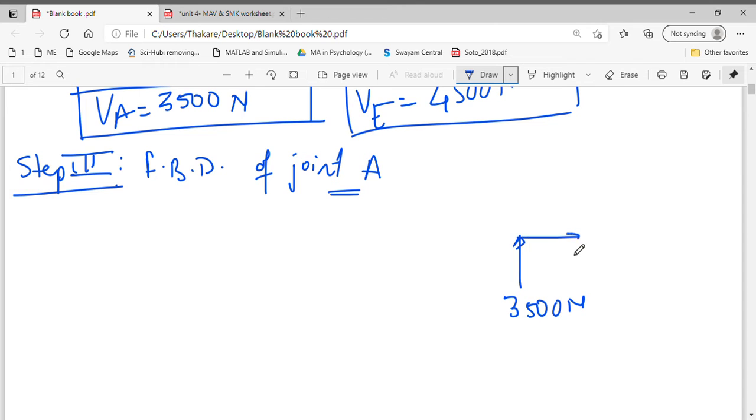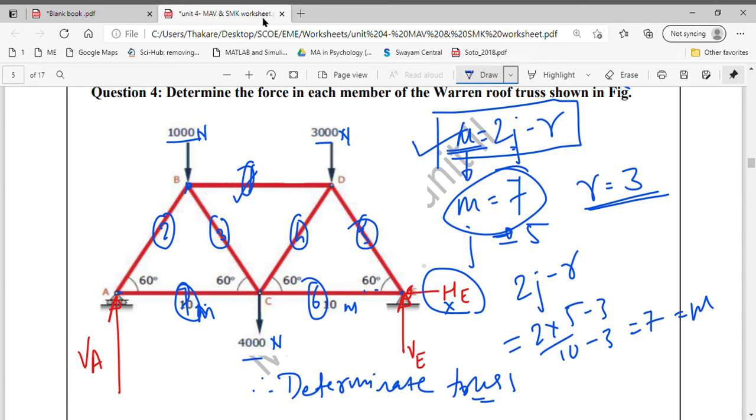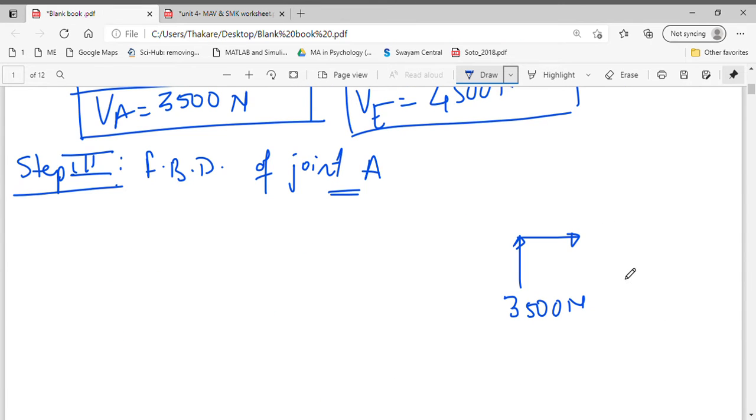One is horizontal force in member AC, so this is your FAC, and one inclined force in member AB, so this is your FAB. Since these member forces AB and AC are unknown, we consider them to be tensile forces. So these are all tensile forces. This is acting at an angle of 60 degree. This is your joint A.